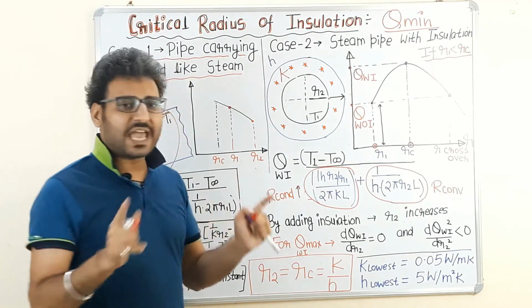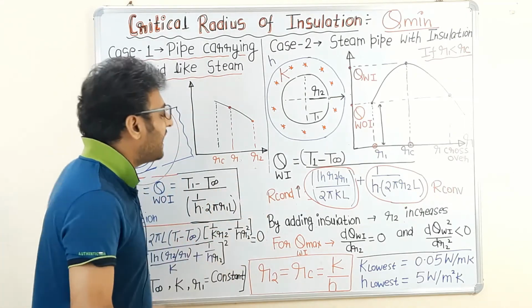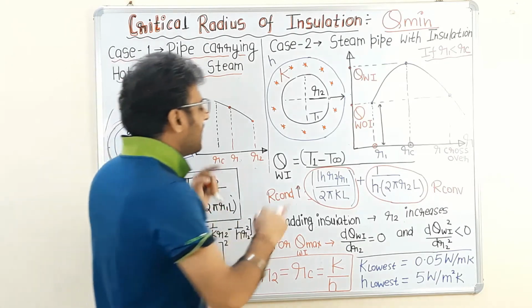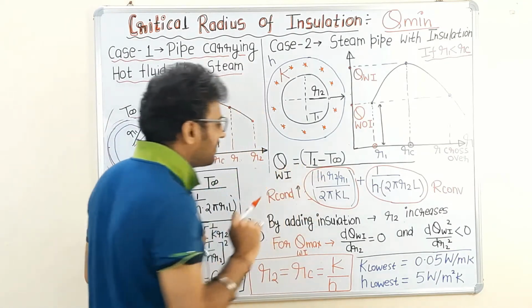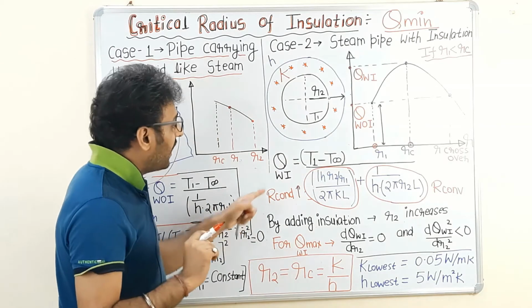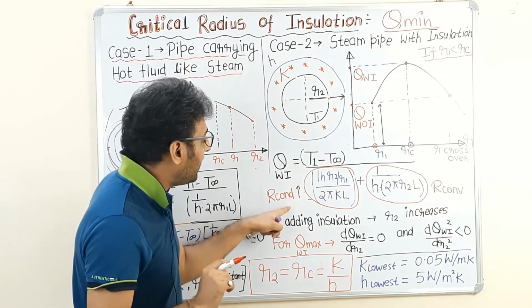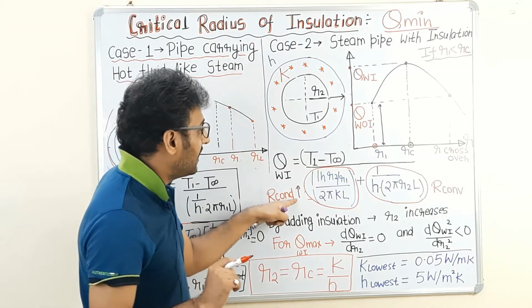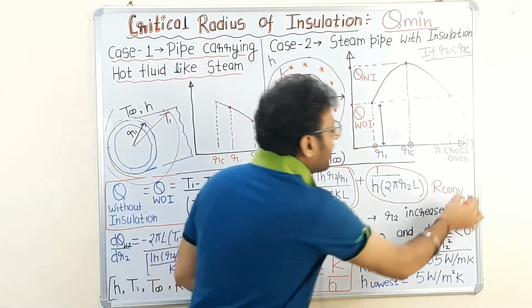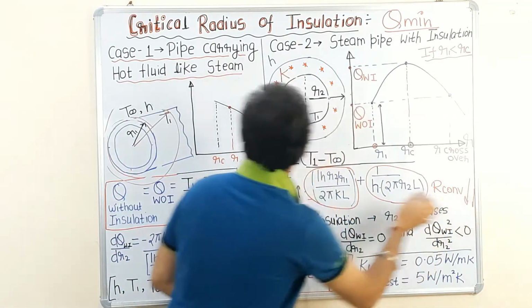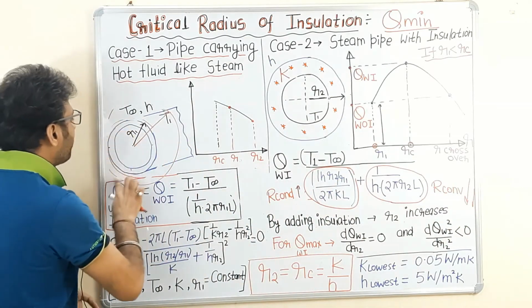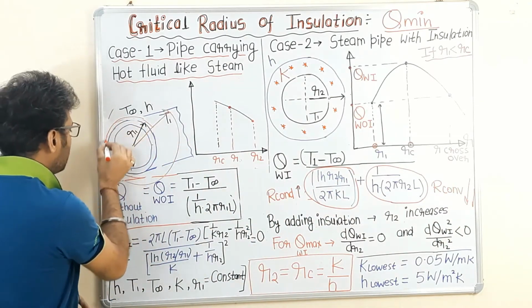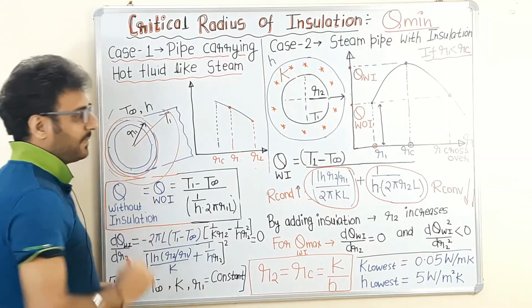After checking, we will find that initially, when insulation is added to the system, the increment in the conductive resistance is less and the decrement in the convective resistance is more. This happens when the thickness of insulation is less.